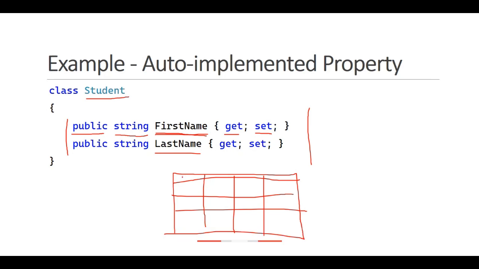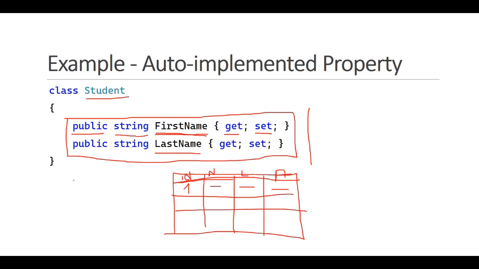Here we write ID, and another column will be, for example, first name and last name, and for example address. It is just an example. We are going to send data, first name, last name, and address. Here, object-oriented programming and auto-implemented properties will help us send data and read data and so on.